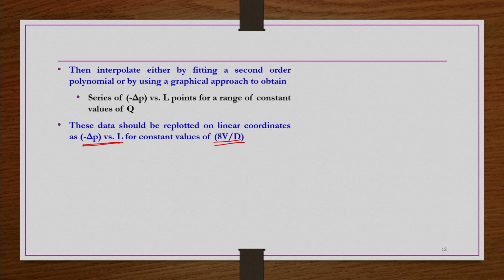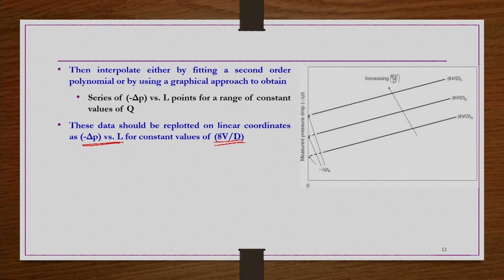So, why 8 V by d? Because we have to do 8 V by d calculations anyway again. So, for each 8 V by d value, the pressure drop versus L information is plotted here like this. For another 8 V by d, for different L values, you may get a curve like this, and another one like this.